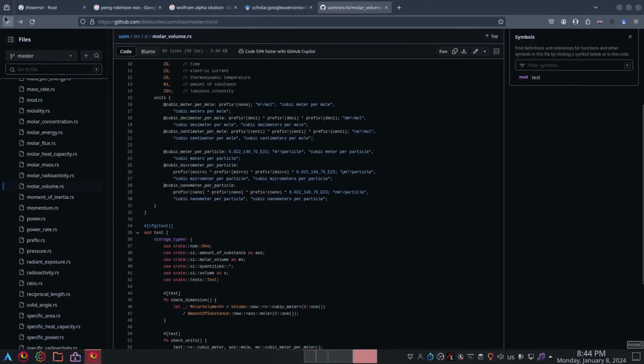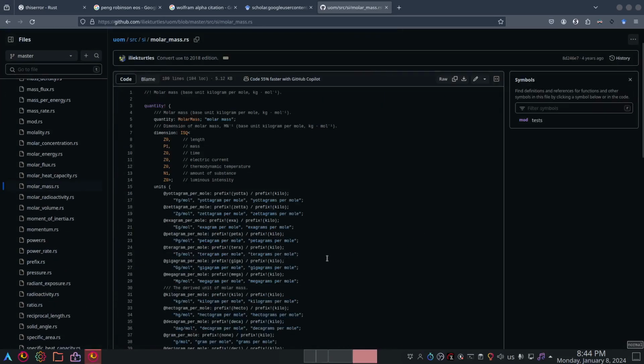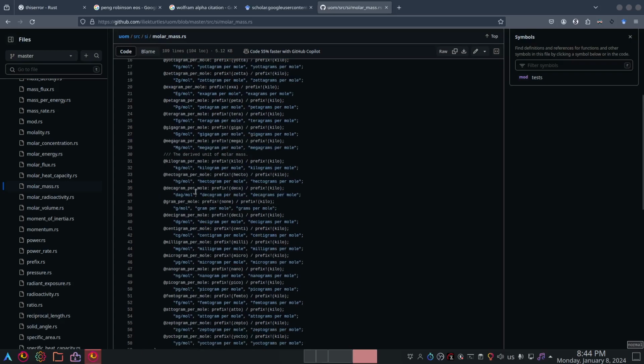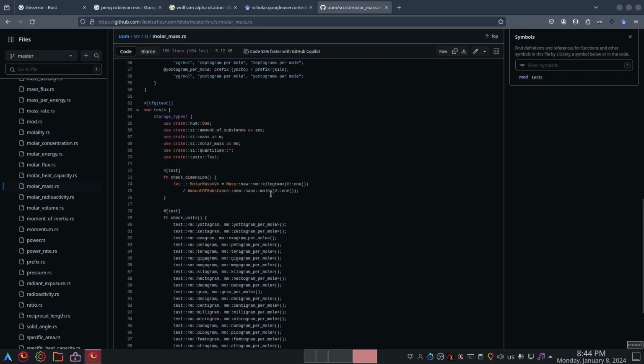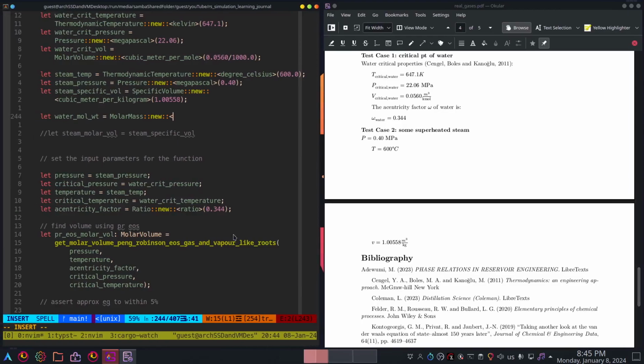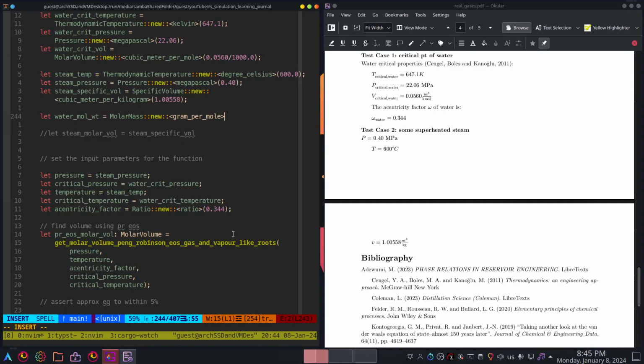I'm going to look for molar mass, and let's see what units are available, if this is the correct one. So it's gram per mole. So I'm going to look at this gram per mole. Yeah, gram per mole. This is what I have. Gram per mole.